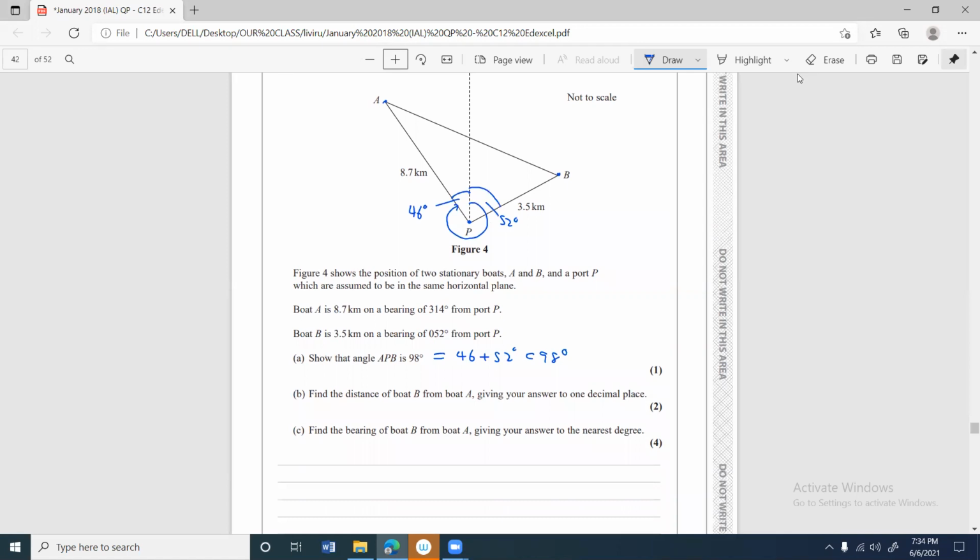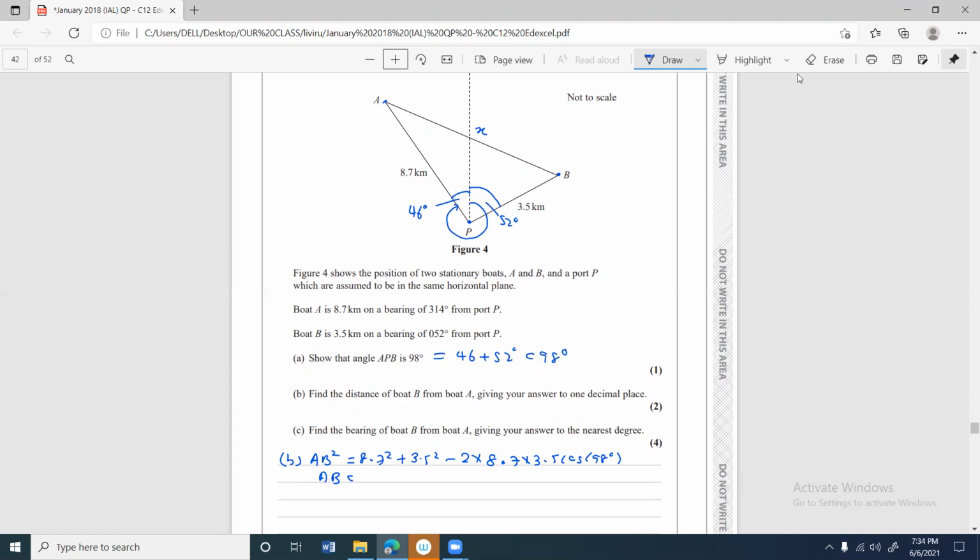Find the distance of board B from board A. You need to find this length. I can simply apply the cosine rule. So AB squared is equal to 8.7 squared plus 3.5 squared minus 2 times 8.7 times 3.5 times cos 98. From here you get the answer for AB.